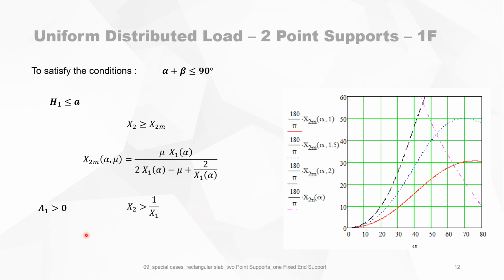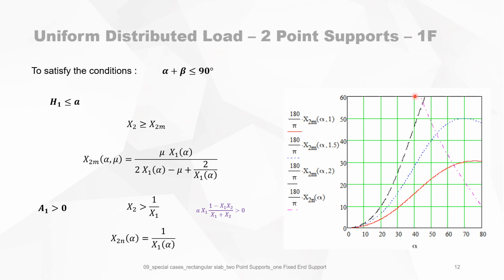On the other hand, we will have the condition A1 must be positive. So this is the value of A1. This is only possible if x2 is bigger than 1 over x1, or I call this value, the maximum value, x2n, equal to 1 over x1. And this is plotted in this color, and it gives you this line.